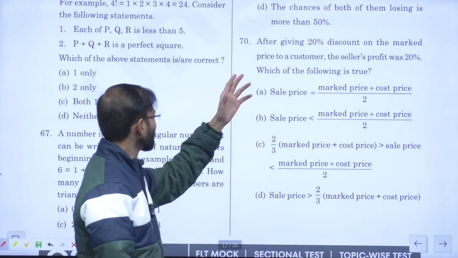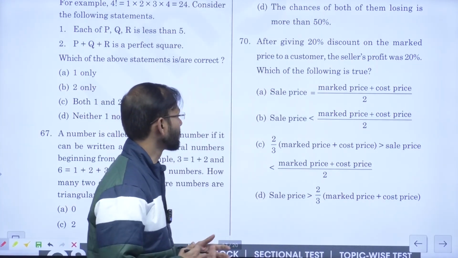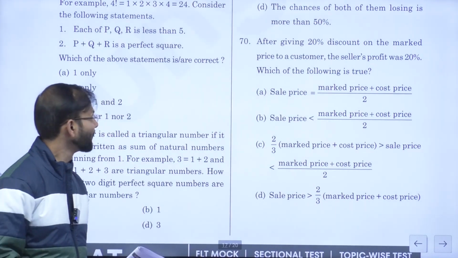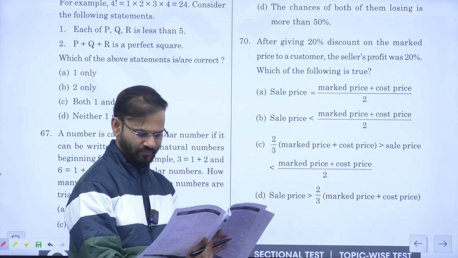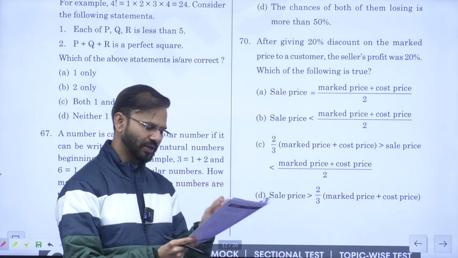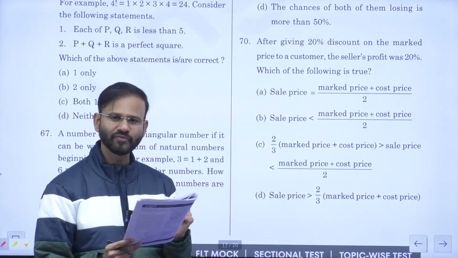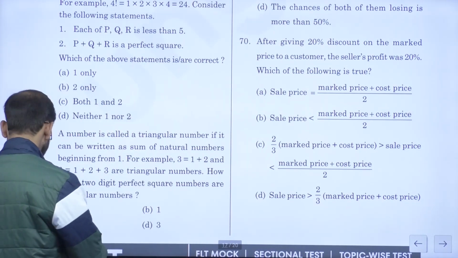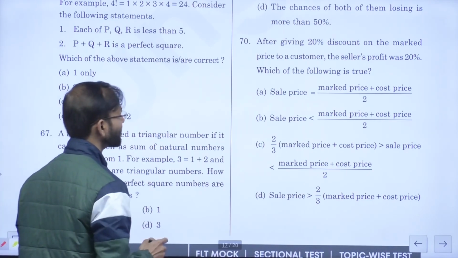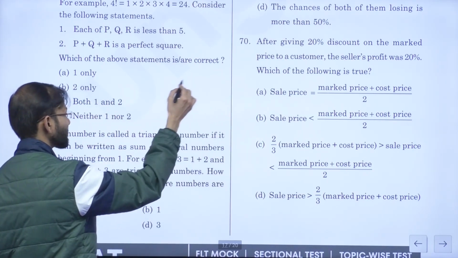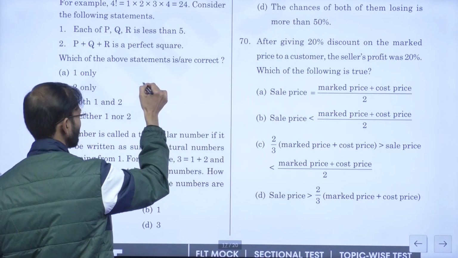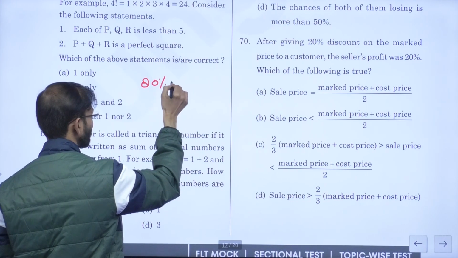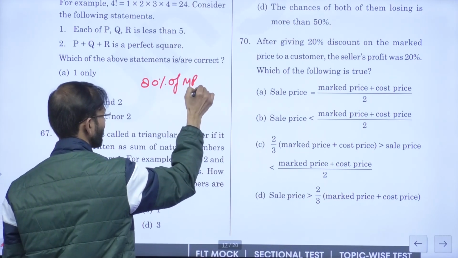Yes, all of you. The next question is, after giving 20% discount on the market price to the customer, the seller's profit was 20%. Which of the following is true? See, everyone, here just try to understand the question. After giving 20% discount on the market price, so 80% of MRP, right?